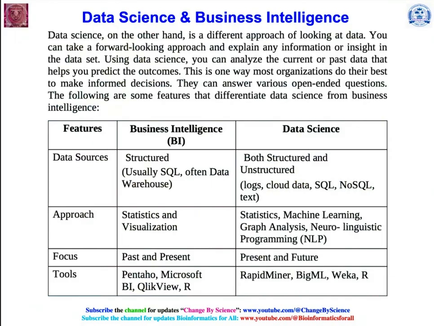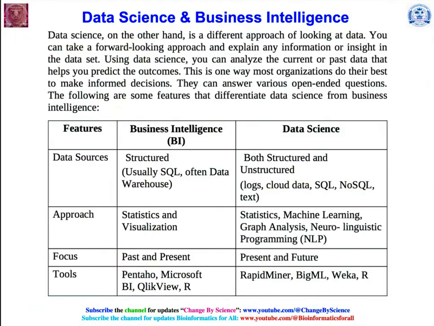And the differences are in terms of data sources. Business intelligence is well structured, usually SQL, often data warehouse. But in data science, both structured and unstructured data are possible. The approach in business intelligence needs statistics and visualization as a key command.